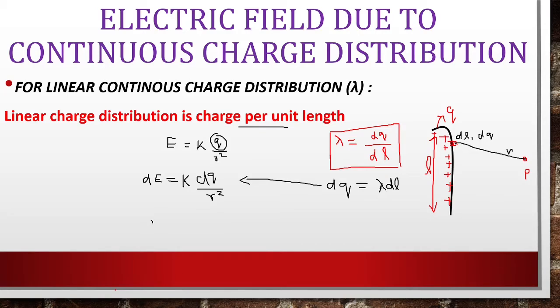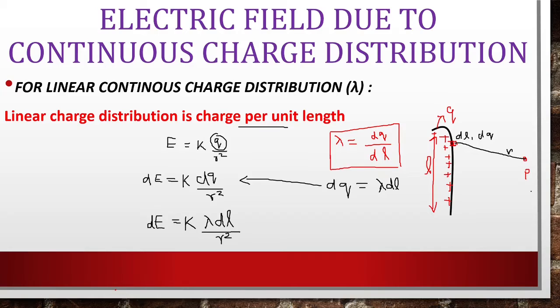So dE is equal to K dQ, lambda dl, by r square. So dE is equal to K lambda dl by r square.